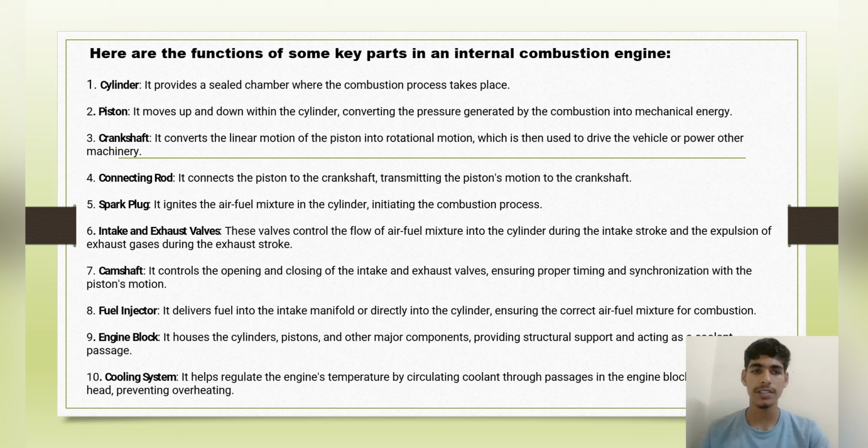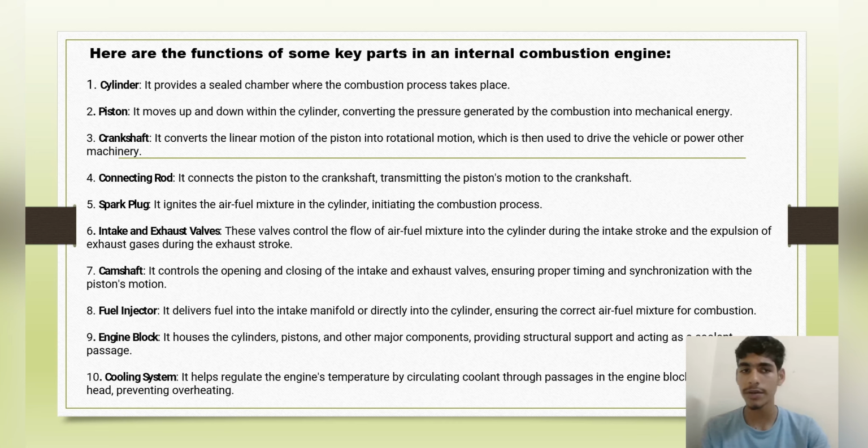What are the parts of an IC engine? These are some components considered parts of an IC engine, the first being the cylinder. It provides a sealed chamber where the combustion process takes place. Second, the piston, which moves up and down within the cylinder, converting the pressure generated by the combustion into mechanical energy.